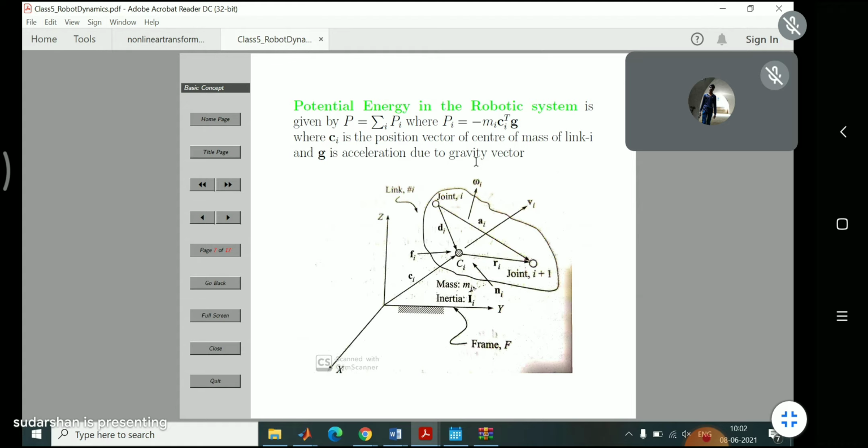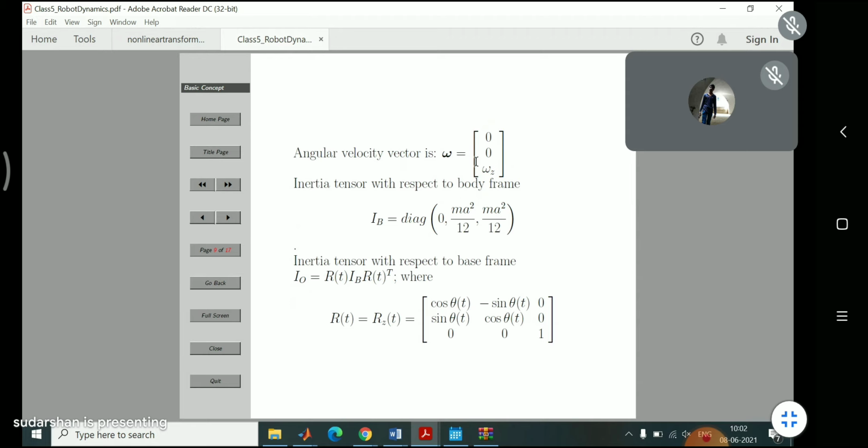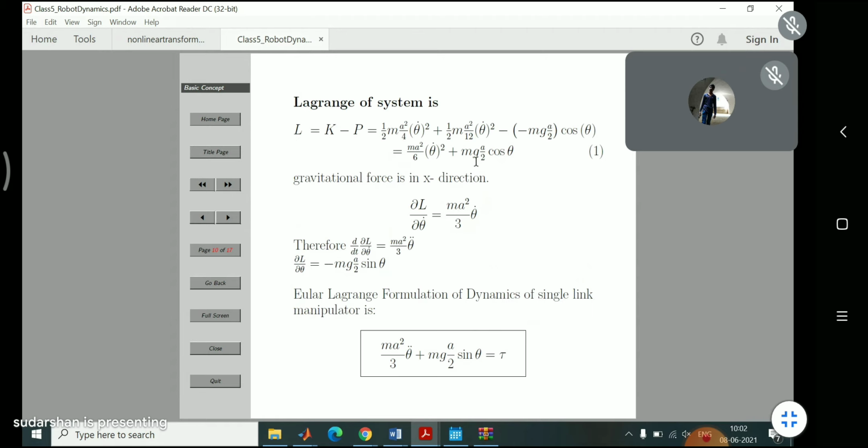For that purpose, we first obtain the velocity vector and the angular velocity vector, and then we can write the kinetic energy. So what will be the kinetic energy of the whole system?